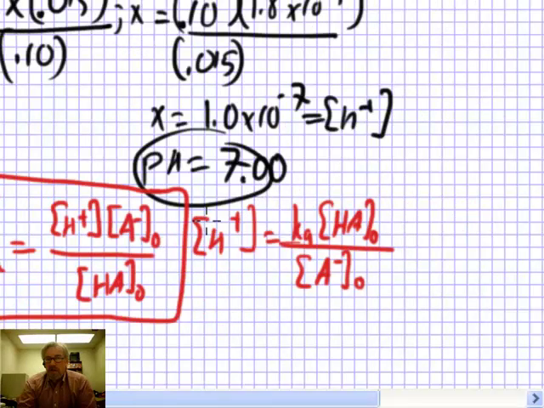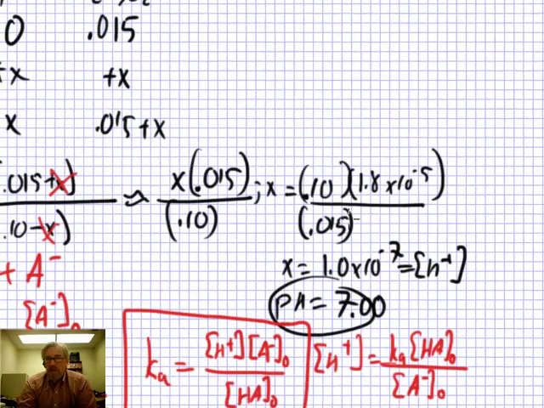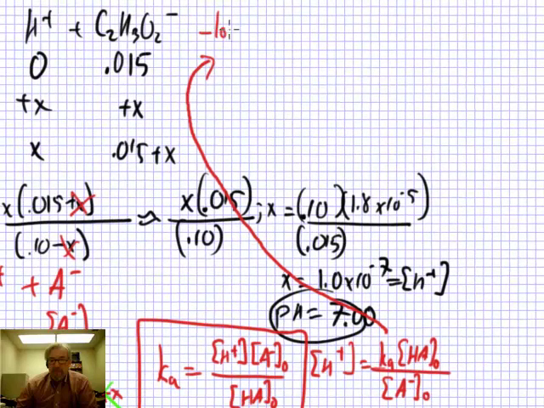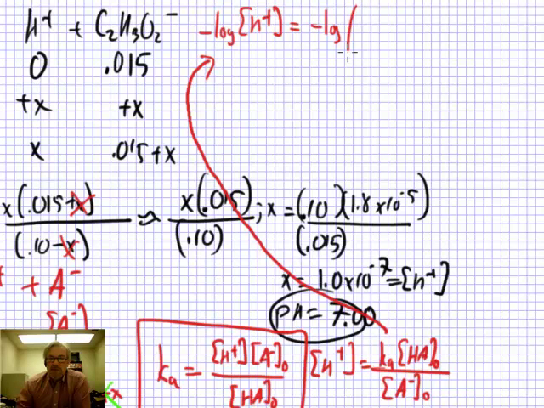Now this can be taken a little bit further. We can take this equation and take the negative logarithm of both sides. So minus log H plus concentration is the left-hand side. And on the right-hand side, we have minus the log of Ka times HA concentration naught divided by A minus concentration naught.